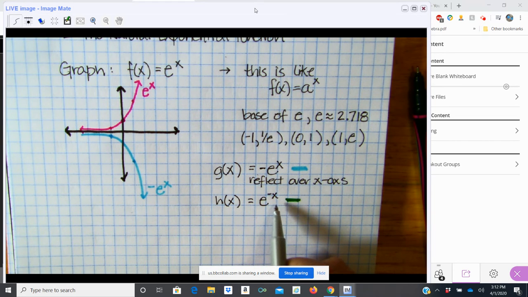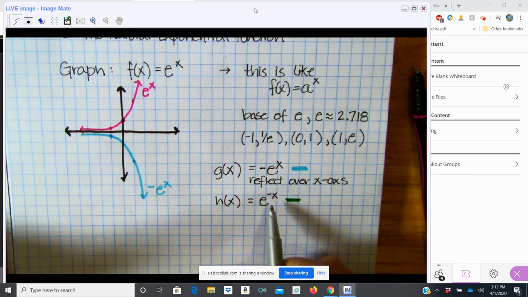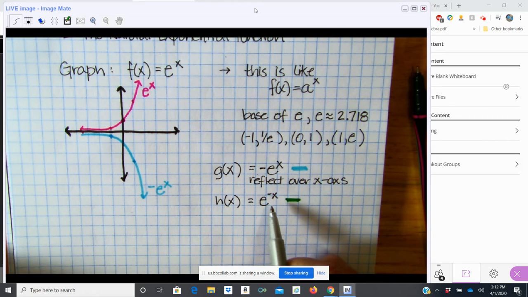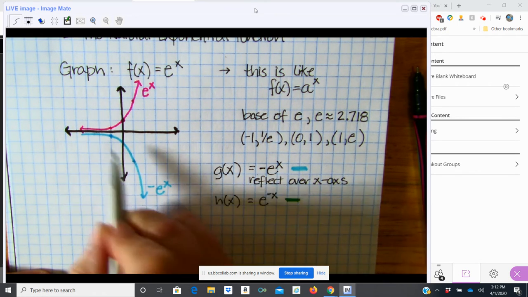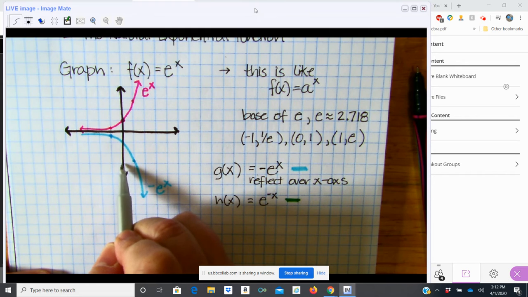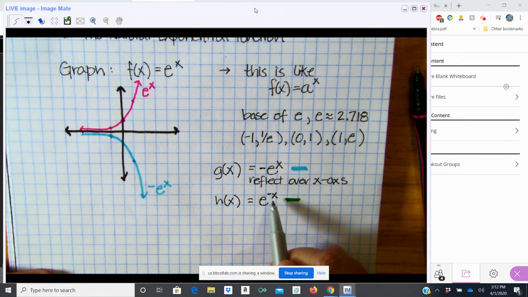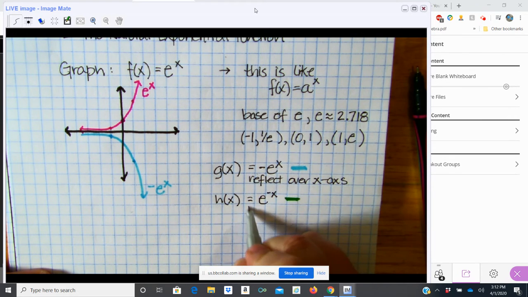At least I don't think that's what you mean by shift it. This negative reflected it over the x-axis. This negative is going to reflect it over the y-axis.